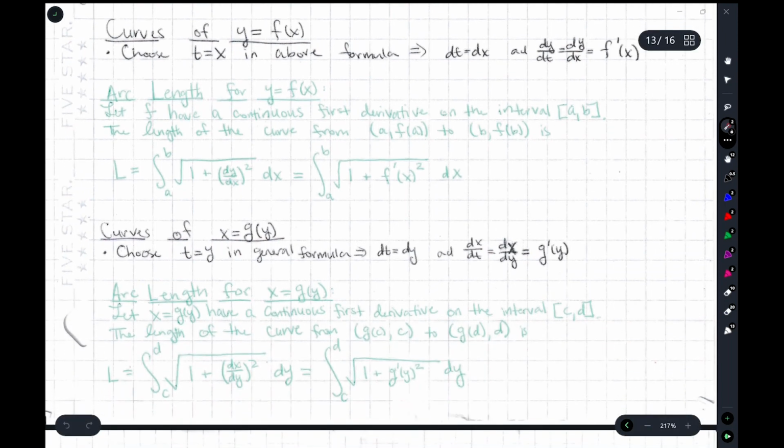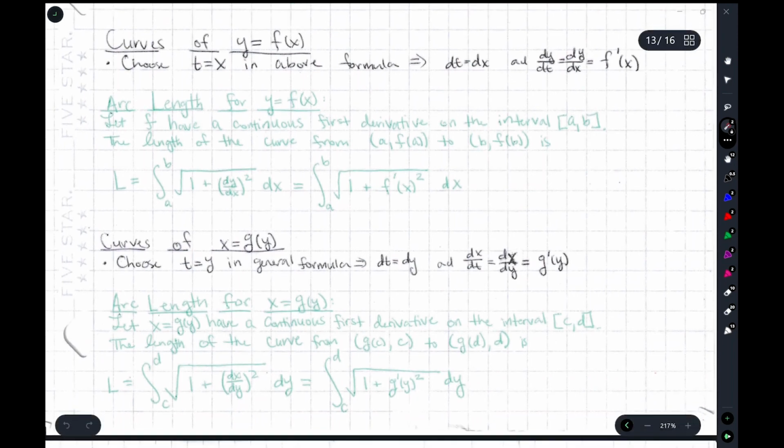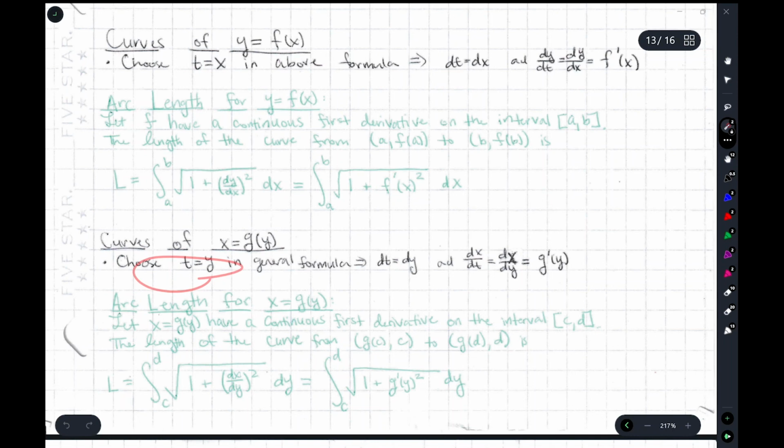What about if it was a curve given as a function of y? Well, you probably would have guessed. In this case, you take t to equal y, dt equals dy, and so dx/dt will be dx/dy, or the derivative of the function g with respect to y. Not x, but y.